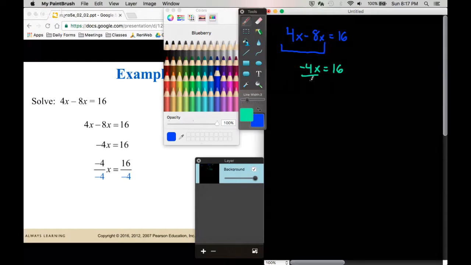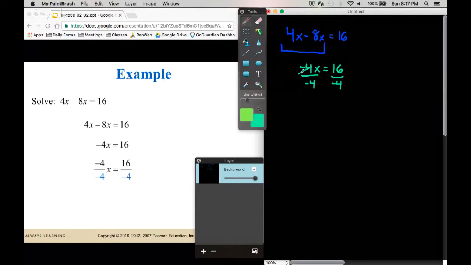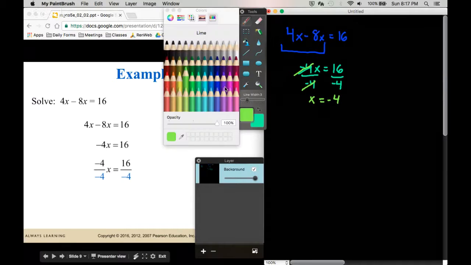You divide both sides by negative 4. This question should be starting to look familiar right about now. When you divide both sides by the negative 4, the x's can go away. The negative 4's go away, and you're left with just the x over here. So x equals negative 4. You guys have seen this one already. It's just kind of the longer version of a question you already saw.